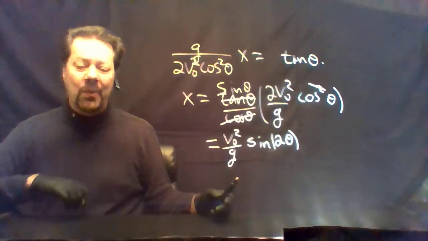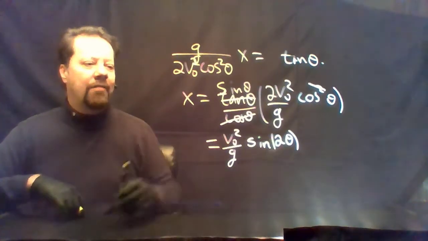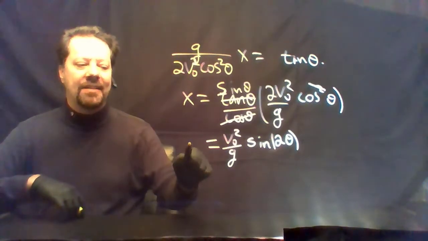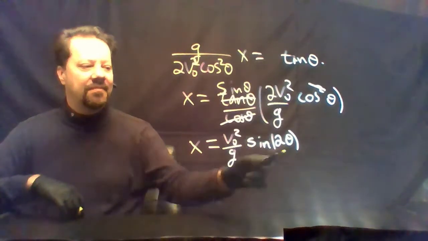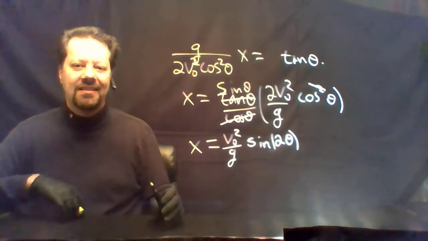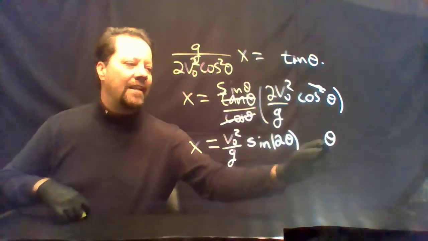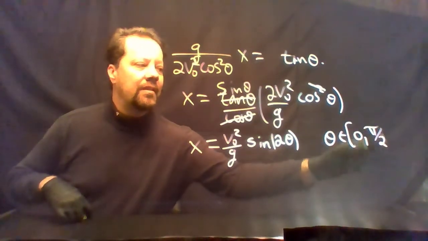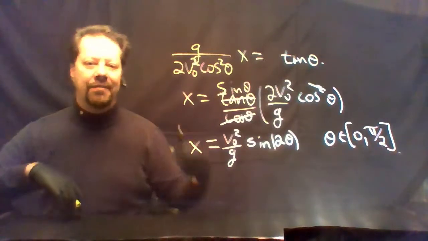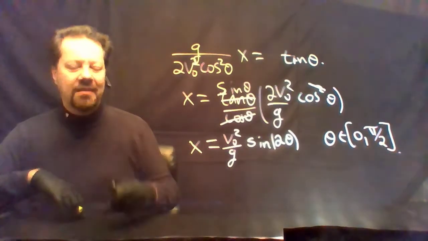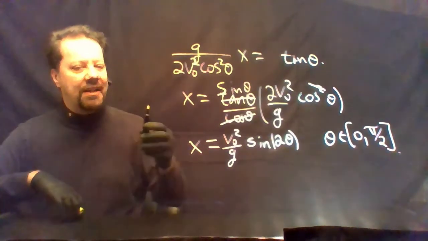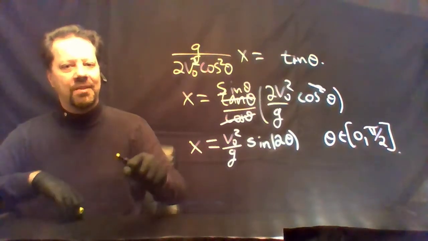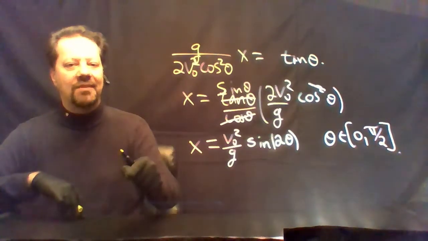The next question we want to ask is, what value of theta maximizes this range? We'll assume that theta takes values between 0 and pi over 2, no more than pi over 2. Of course, at pi over 2, the range will be 0, because the projectile will go straight up and then straight down.